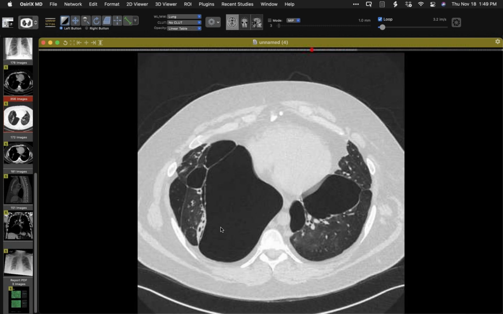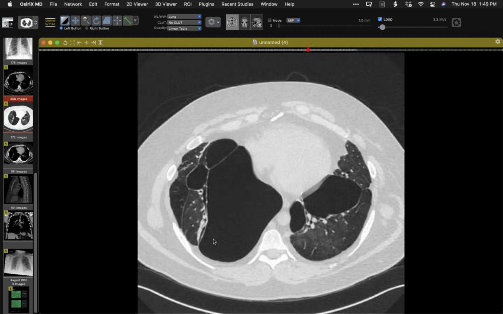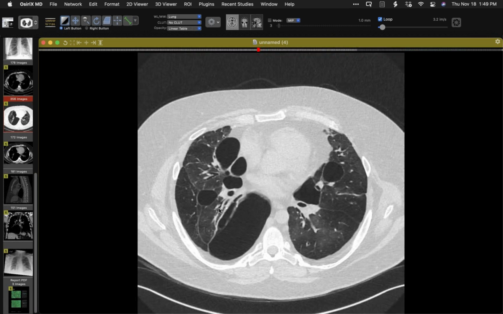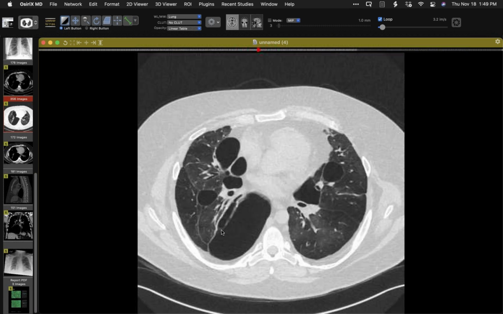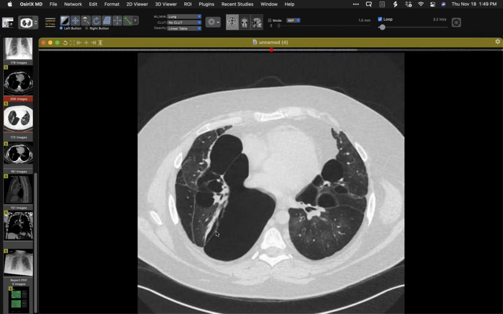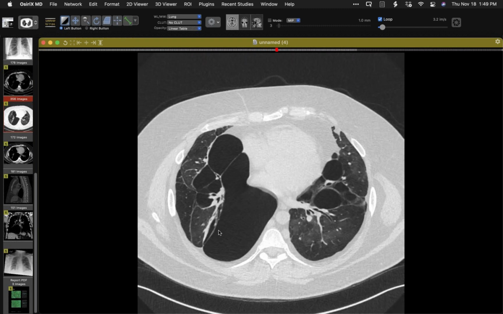But I also looked at the path report, and typically in this kind of situation, when the lobe comes out, they don't examine the lung in any detail. And I contacted my colleague, the pathologist, and said, I really see mosaic attenuation, and I think there ought to be findings of obstructive small airways disease in there. Would you take another look?